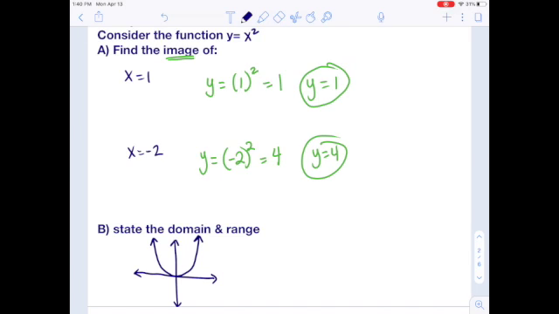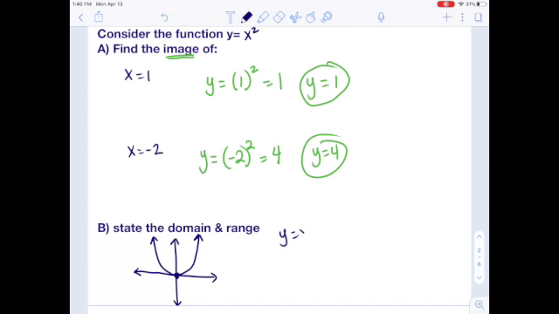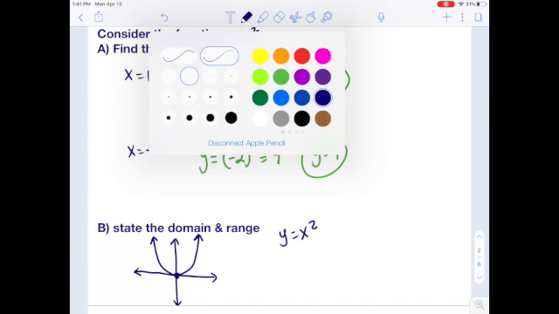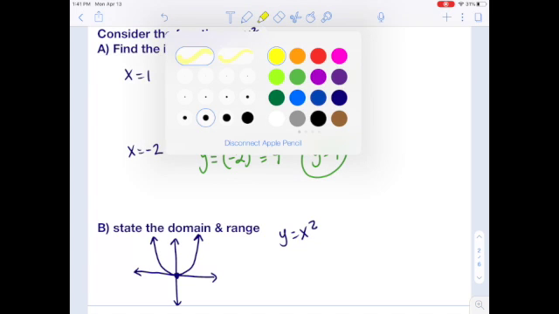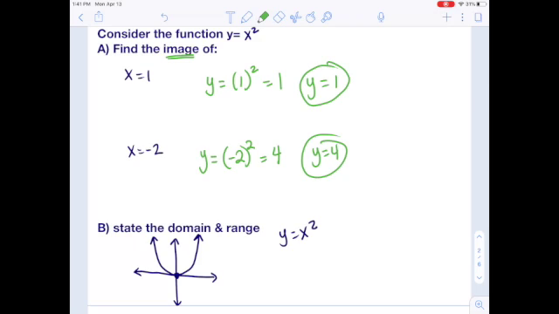You're going to notice that the lowest that parabola goes has a y value of 0, and it really doesn't matter what x values you plug into y equals x squared. So I look at our domain as all the possible x values that you could plug into that function.